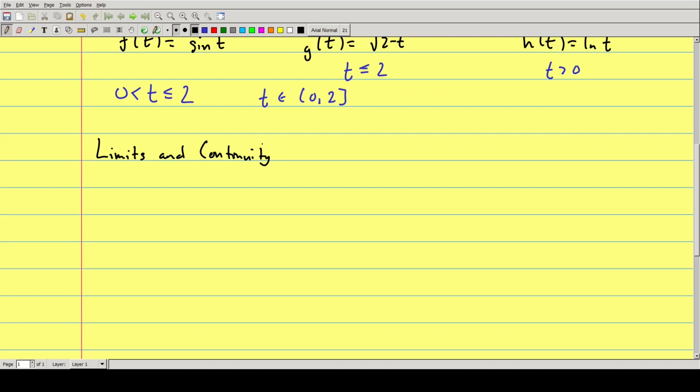All right. So back in Calc 1, one of the things that you should have talked about is the epsilon delta definition of a limit, right?